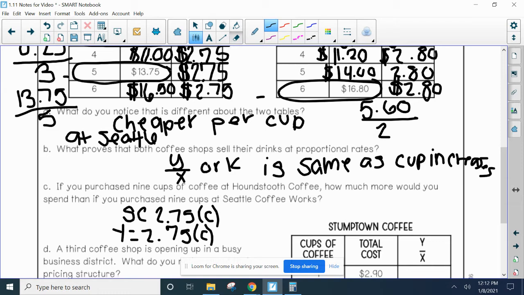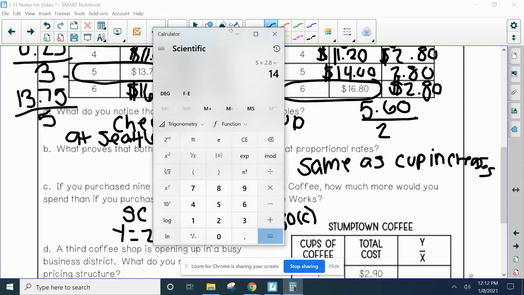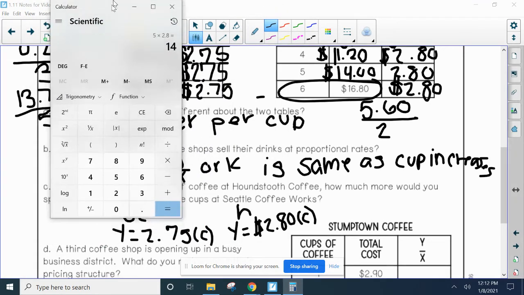That's our relationship or our equation. Y, or our cost, is equal to $2.75 x, where x is our cup number. And then at Houndstooth, our cost is going to be equal to $2.80 times the cups. So for the sake of time, we're just going to plug it in our calculator.